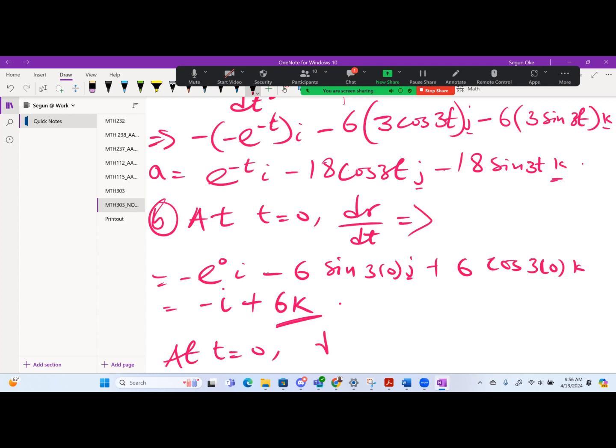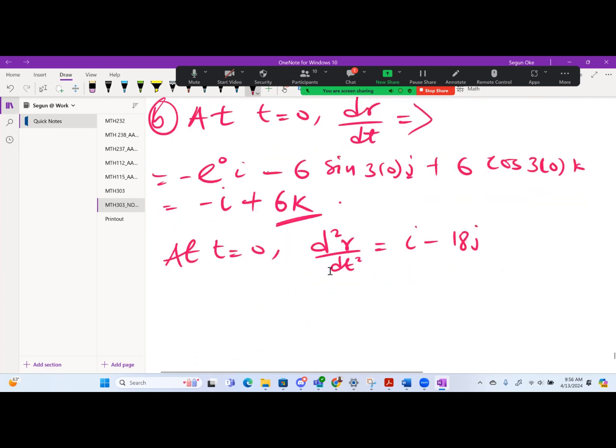Yes, sir. The d squared r/dt squared will be equals to, if you substitute into acceleration, we will have i minus 18j, because k will have been 0. So, now, that is not the question we were asked to solve.